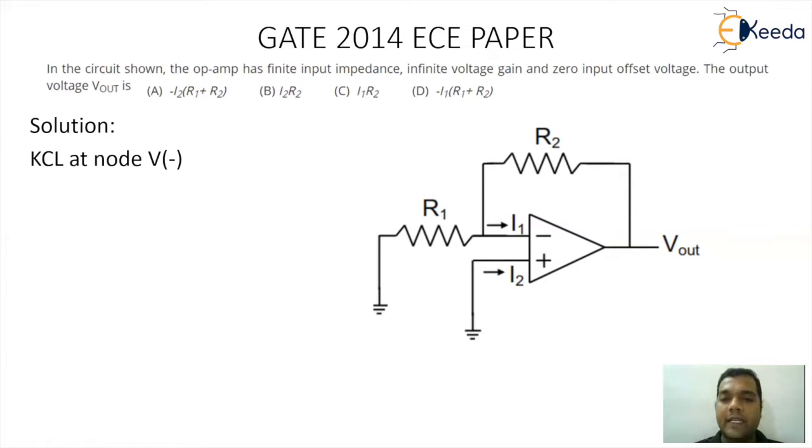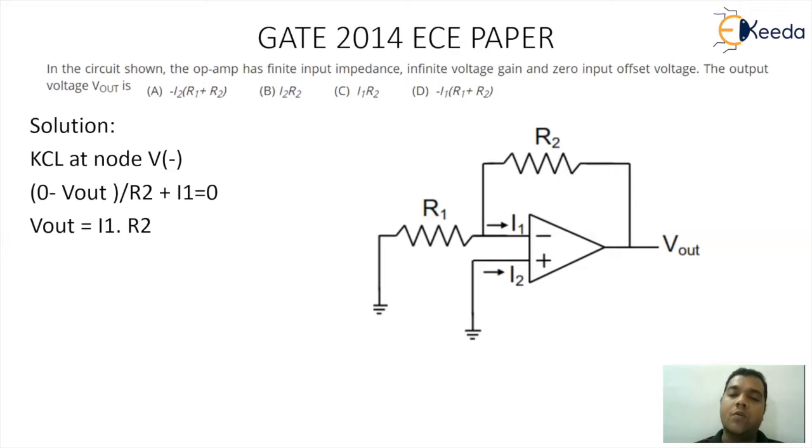You will get 0 minus V out by R2 plus I1 is equal to 0. So you will get the value of V out as I1 into R2. And also you can take I1 is equal to I2 as your input offset voltage is basically 0.